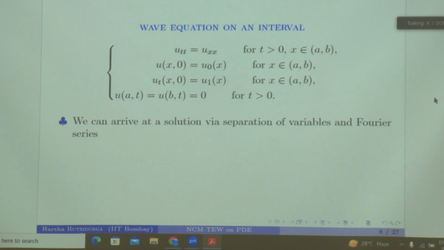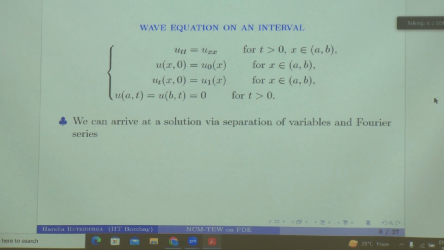That's what it means when I write (a, b) cross (0, infinity), where x comes from here and t comes from here. You want to get that solution in this entire patch. Now, unfortunately, D'Alembert's formula will help you only for this triangle in that patch.